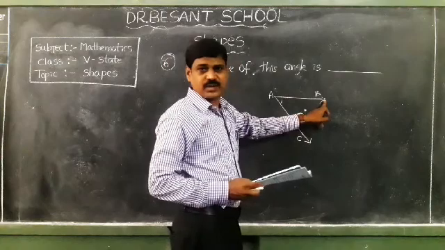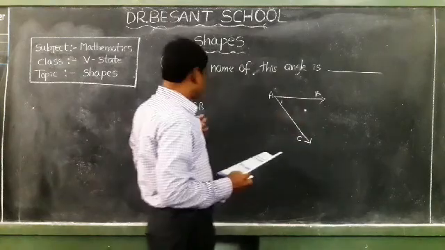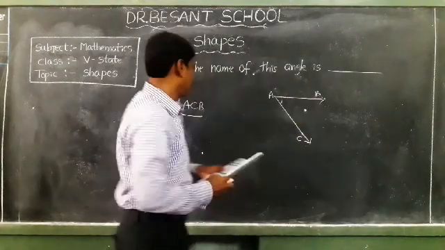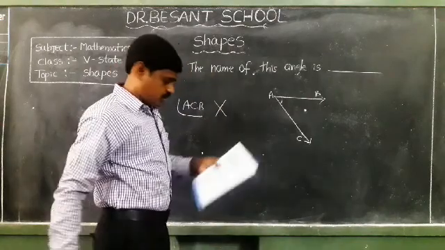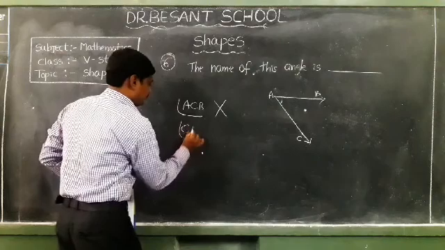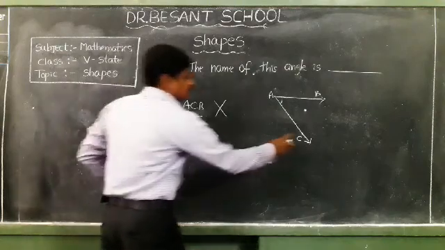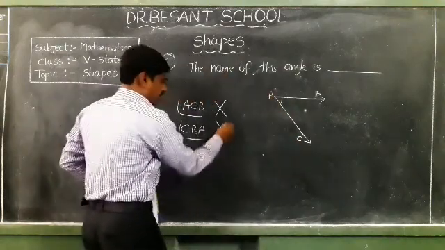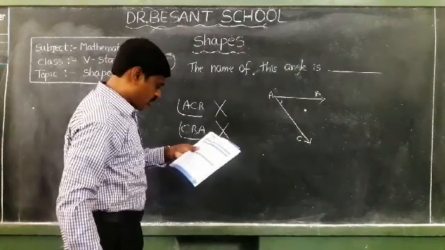So angle ACB is wrong. Angle CBA is also a wrong option.